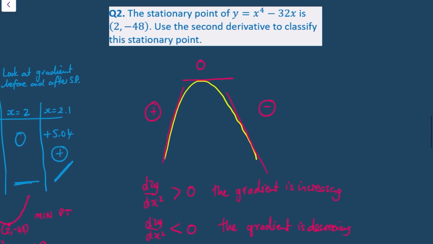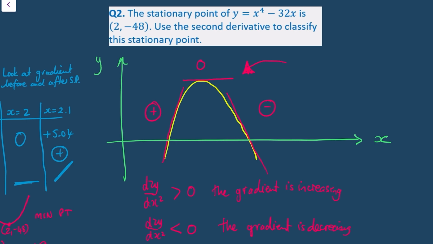Okay? And at a maximum point, such as in the example here, as x increases, and with that I mean, remember, x is on this axis, y is on that axis, as x gets bigger and bigger, the gradient is decreasing. It's positive, positive, positive, but then it goes 0 and then it goes negative.